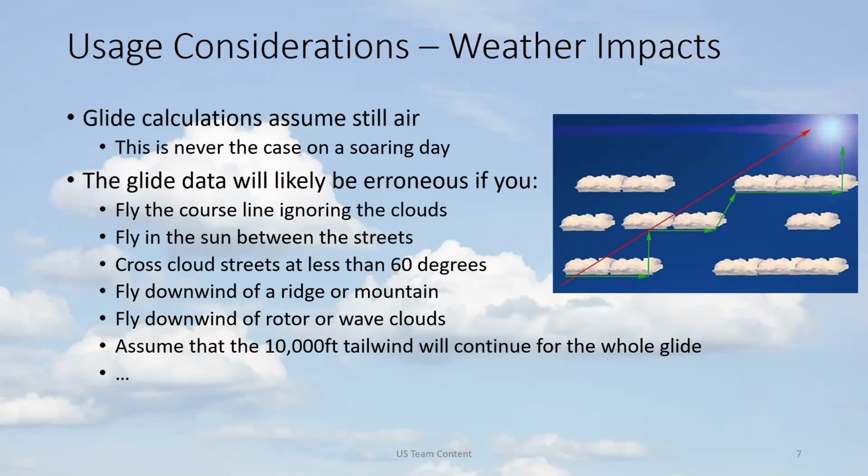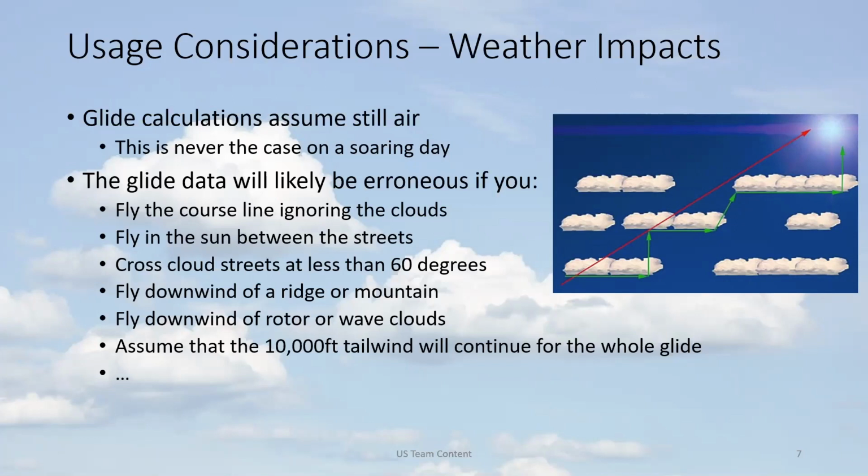If you look at the diagram here, the recommended flight path is to fly along the streets, cut across them, and move, not to do the diagonal. You can guarantee that if you fly the purple trajectory on this particular soaring day, that you're going to be a couple of thousand feet low when you get to your destination. And if you do the green one, you'll probably be a couple of thousand feet high.